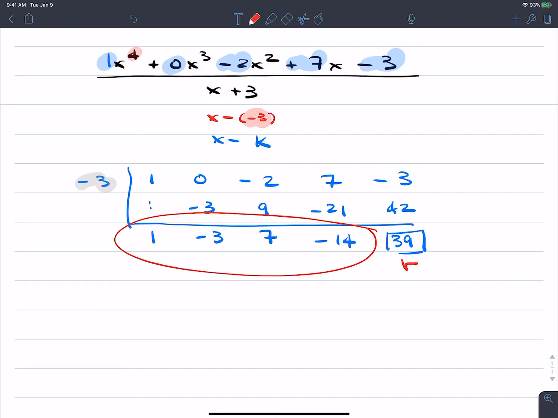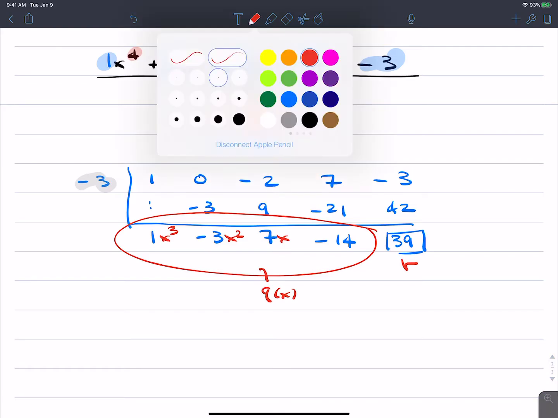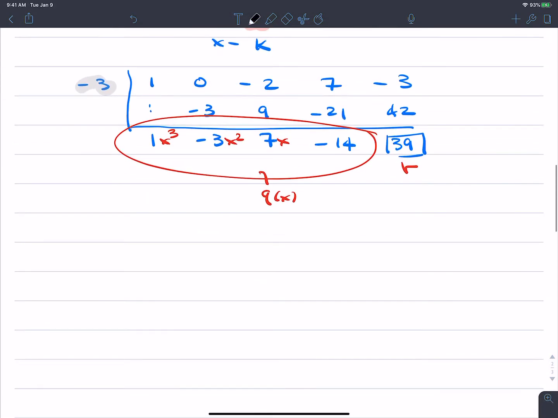That means our quotient function will be a power 3, 1 less. It is always 1 less. So our quotient function is going to look like this: x cubed minus 3x squared plus 7x minus 14. And here our remainder is actually 39.